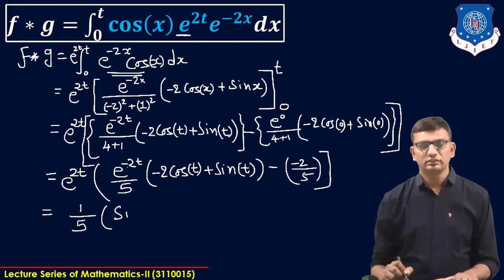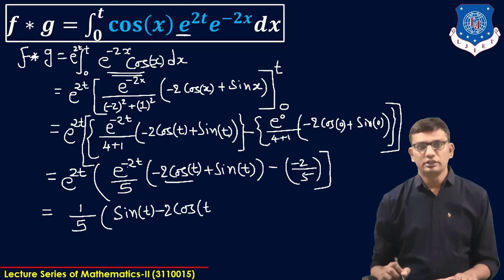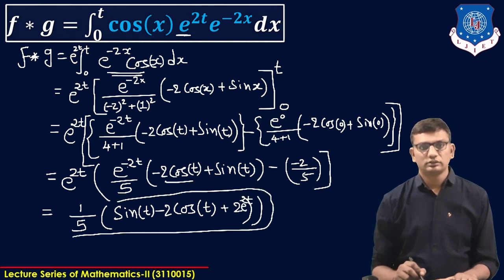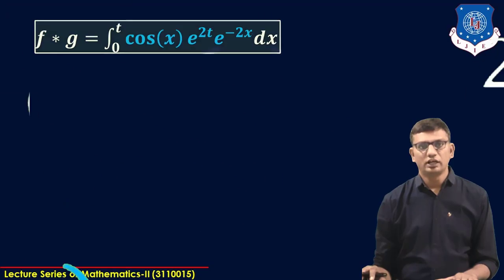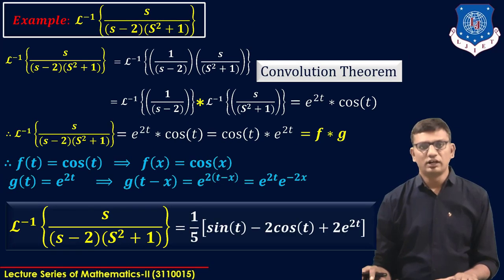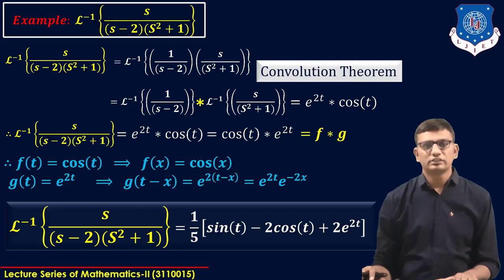Then finally we get 1 by 5 (sin t minus 2 cos t) plus 2 e raised to 2t. So this is our final term of the convolution theorem, f star g. Now we have 1 by 5 (sin t minus 2 cos t plus 2 e raised to 2t), which is our answer of this inverse Laplace by the convolution theorem.